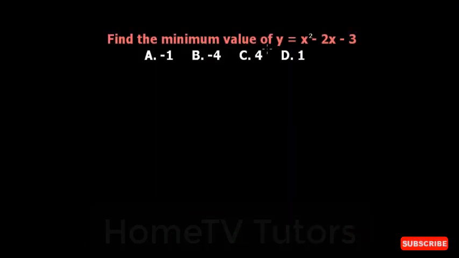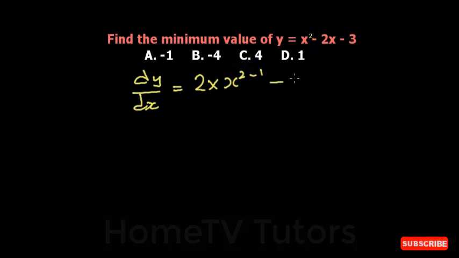Find the minimum value of y equals x raised to power 2 minus 2x minus 3. The dy/dx is 2 times x raised to power 2 minus 1, minus 1 times 2x raised to power 1 minus 1. 2 minus 1 is 1, so we have 2 times x, which is 2x, minus 2. x raised to power 0 is 1, so 1 times 2 times 1 is 2.